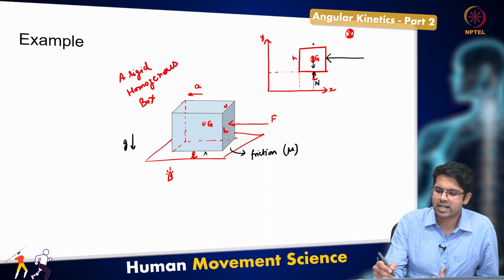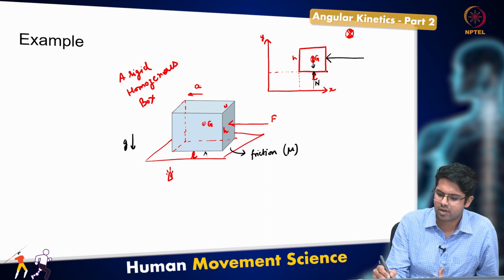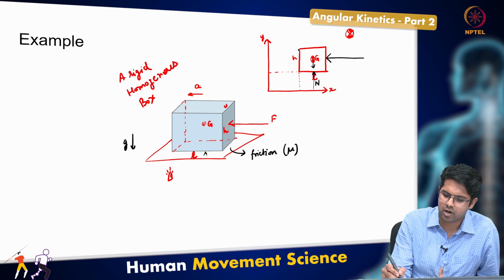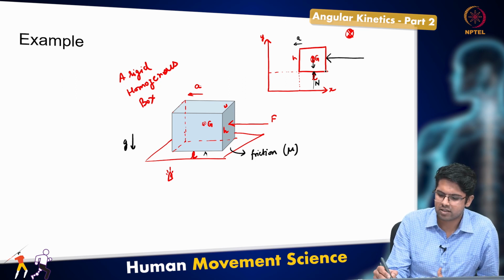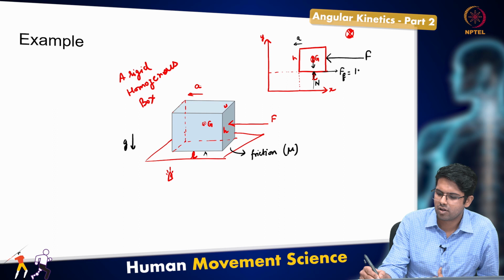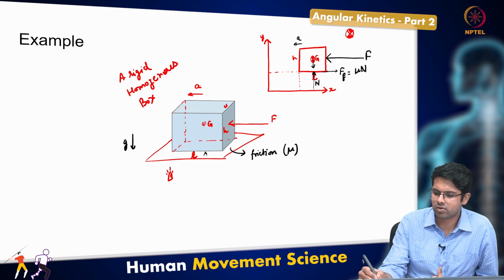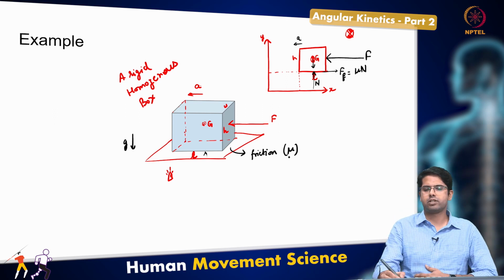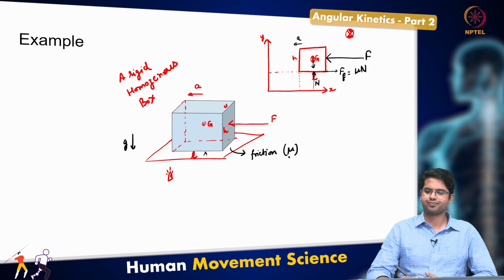So if the force is acting in this direction and the body is moving along the negative x-axis, the friction force will act along the positive x-axis. So this is the friction force F_f, which is mu times the normal reaction force, where mu is the coefficient of friction. Wonderful.